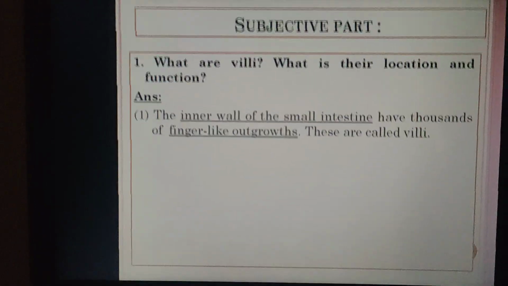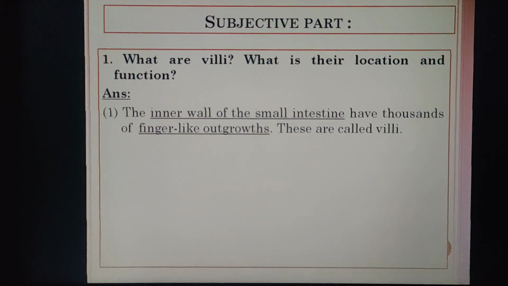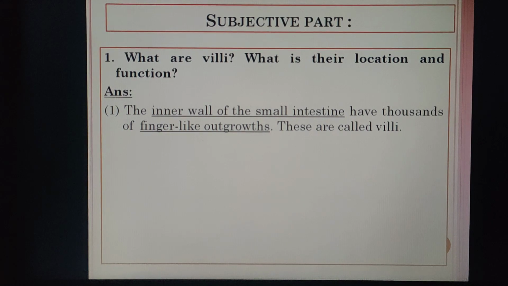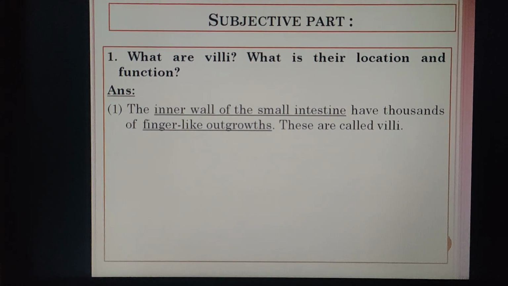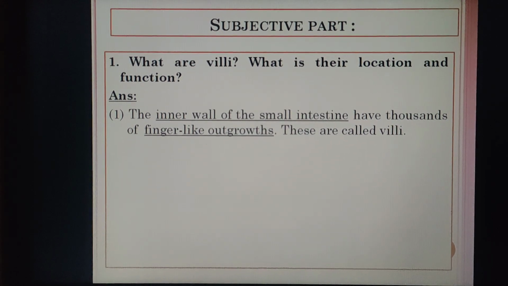Now in this question I have underlined some portions of the answer, like the inner wall of the small intestine and finger-like outgrowths. Why have I done this? The reason is that in the 10th standard you have the central board exam.